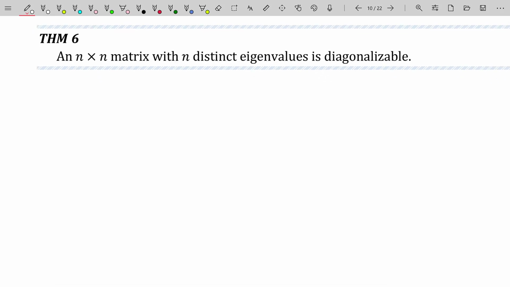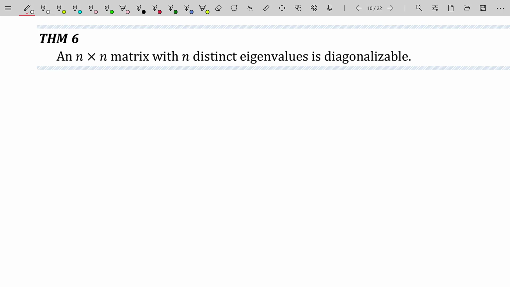Now, the reason why this specific theorem is not in the diagonalization theorem is that this is not an if and only if. In other words, if you have a diagonalizable matrix, it's not necessarily the case that you have n distinct eigenvalues. However, if you do have n distinct eigenvalues, you do have a diagonalizable matrix.